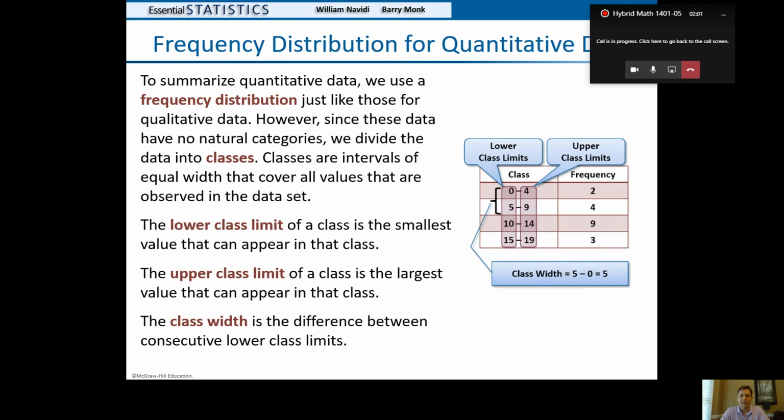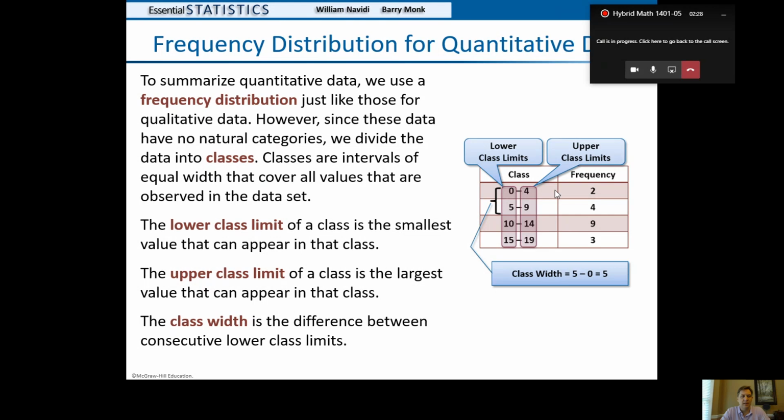So if, say for instance, all your data values are measured to the nearest whole number, then you would have a class like this from 0 to 4, for instance. But really the class itself goes all the way from 0 to 5, just not including 5. So it's like 0 less than or equal to x, which is strictly less than 5.